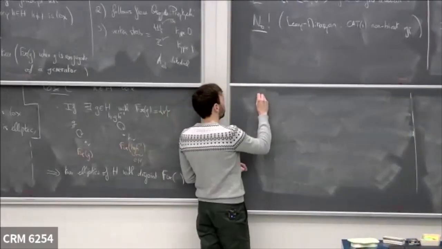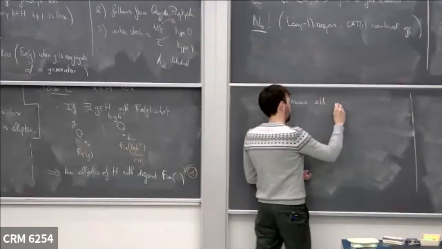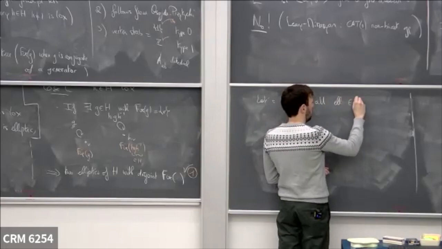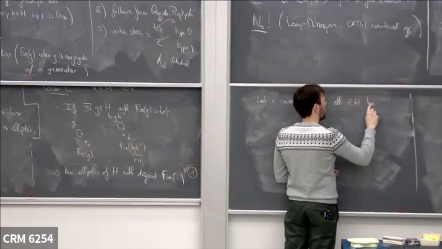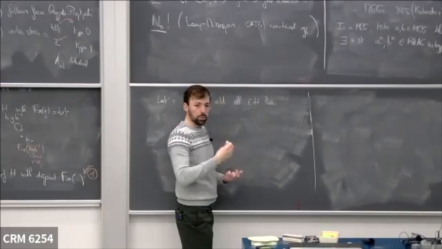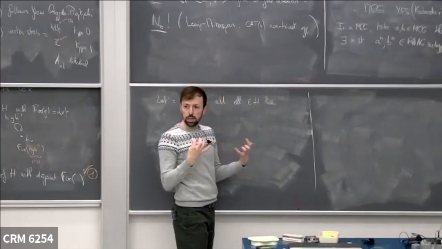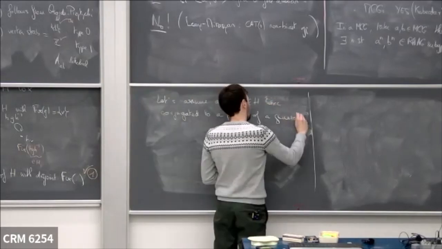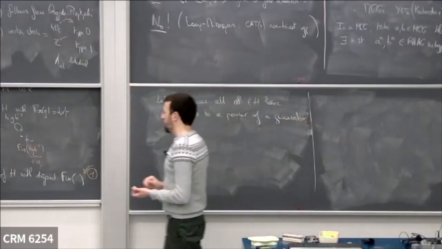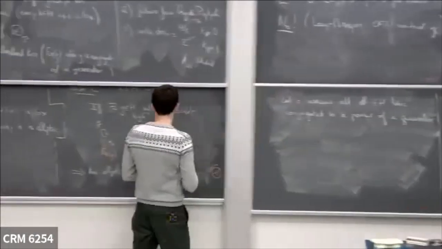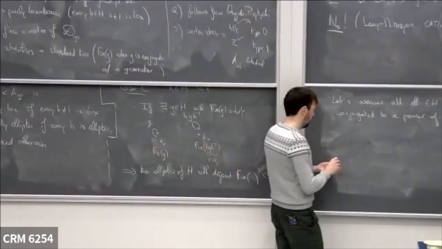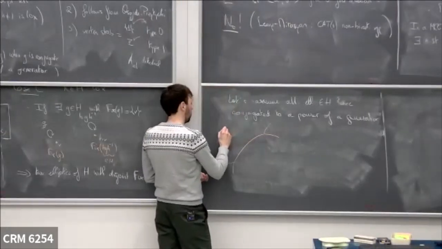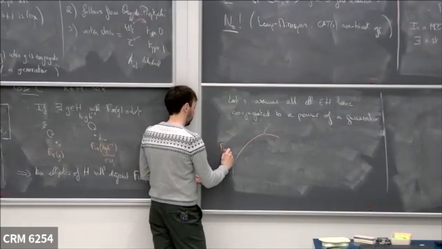Let's now assume all elliptic elements in H are of tree type, which by the result from last time means that they are conjugate to a generator or a power of a generator. The picture to have in mind is my fixed point set, which this time looks like this.